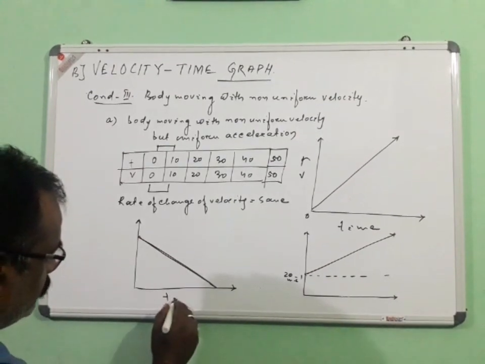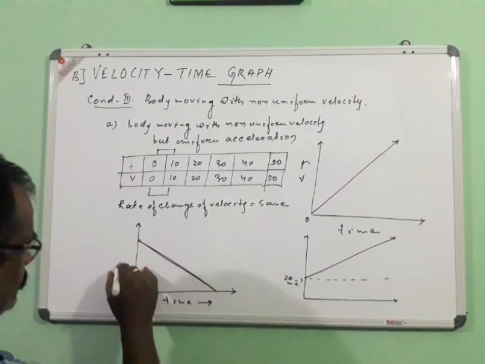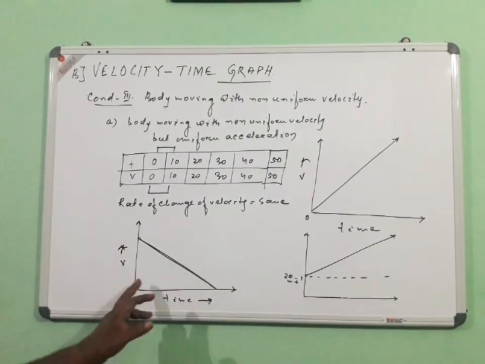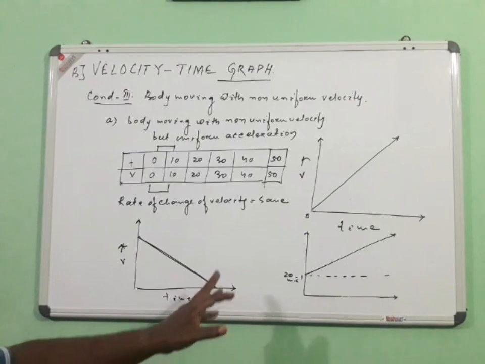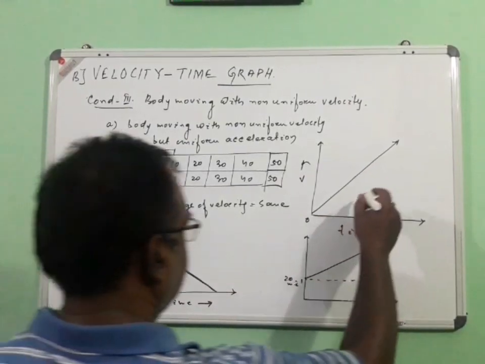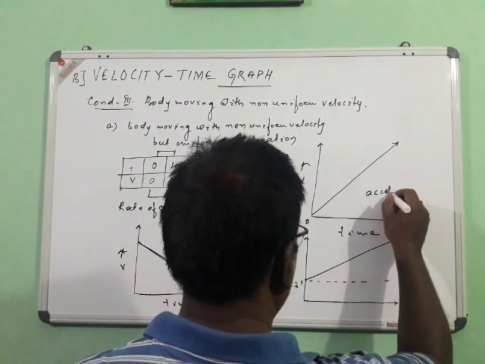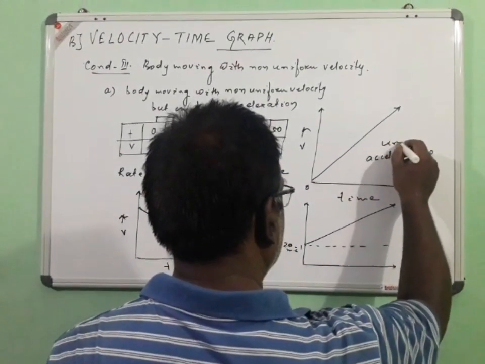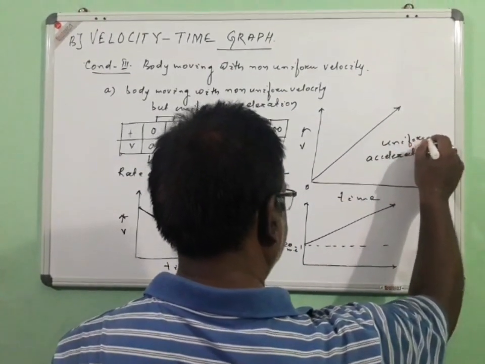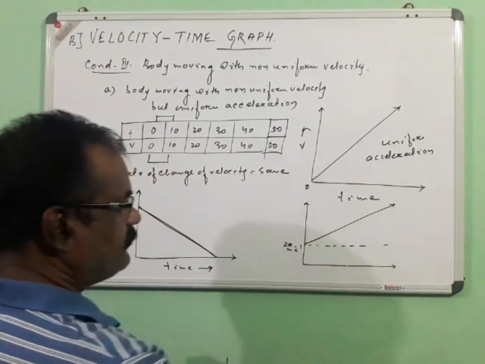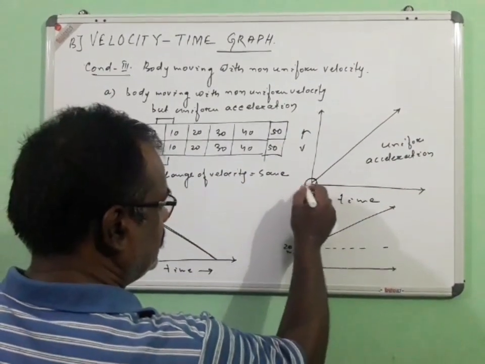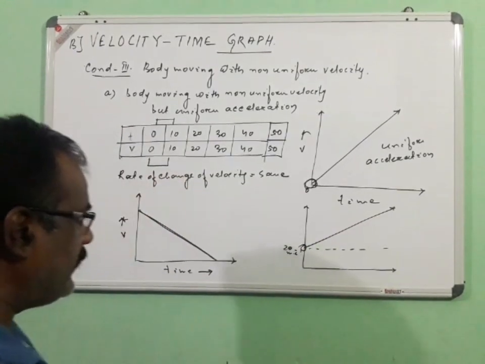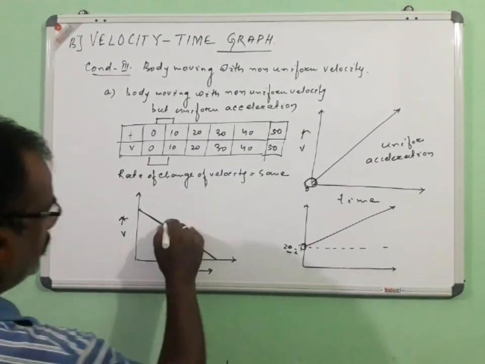So with respect to time the velocity decreases, and hence we can say that in all these cases the body is moving with uniform acceleration. This is also another example. But the difference between these two is that one has started from rest, whereas the other has started initially from 20 meter per second, and this is uniform retardation.